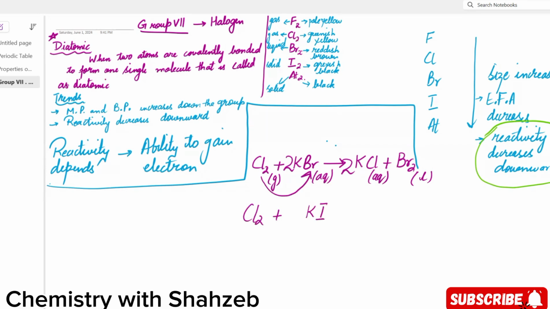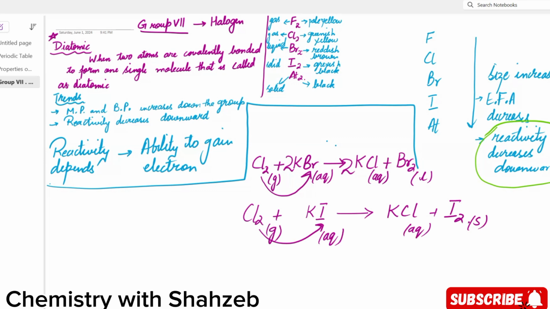We know chlorine is up in the group, so chlorine is more reactive than iodine and would displace it. KCl plus I2 would be formed. This I2 would be in solid state because iodine exists in solid state. This would be in aqueous form, this would also be in aqueous form, and this would be in gaseous form.